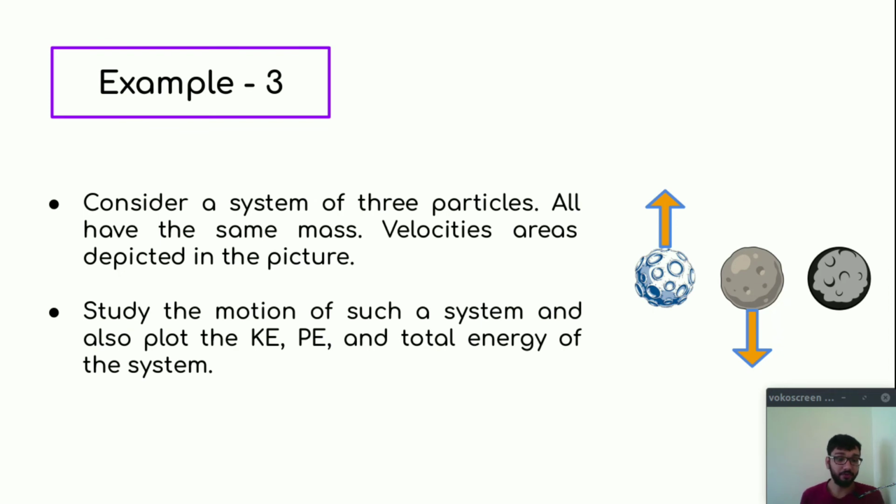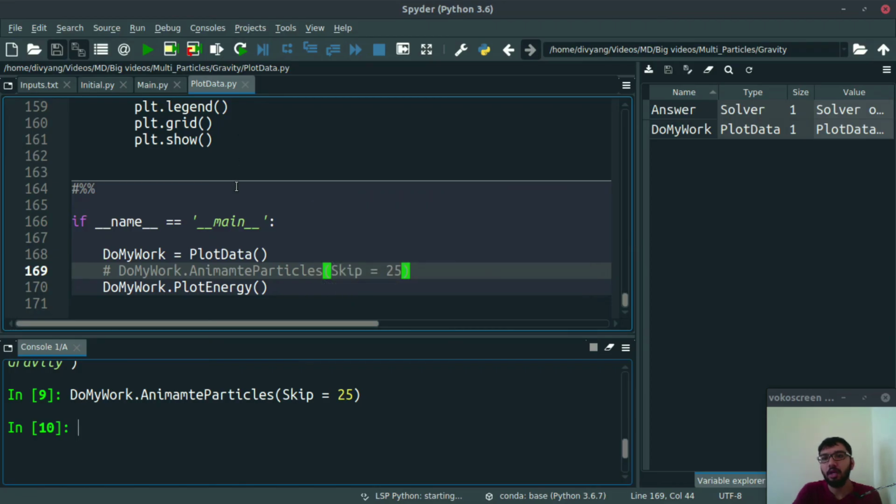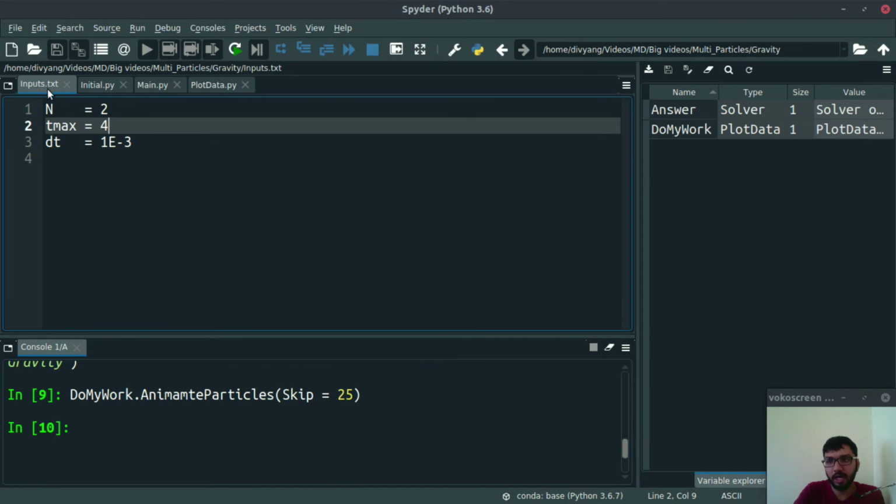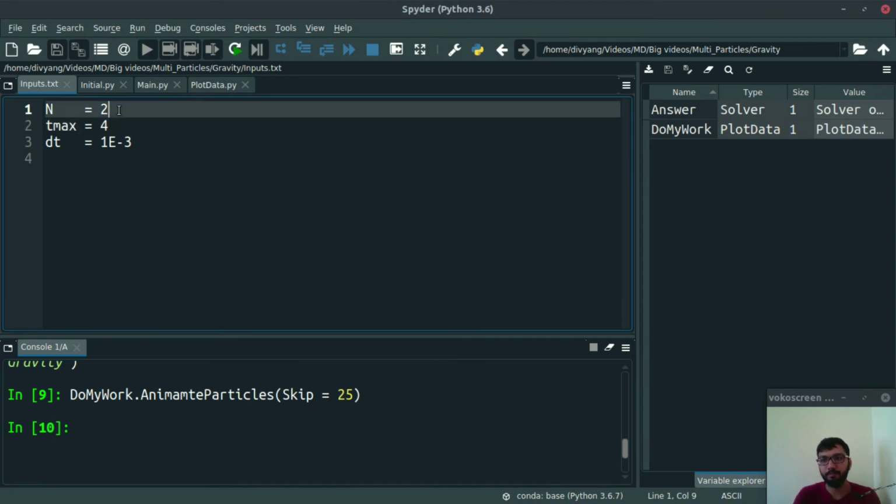So what will happen? We have seen that in a binary system, a 2 particle system, they move in a circular path. So what will happen in this case? Let's find out the answer for this problem. So let me go to my inputs.txt file.